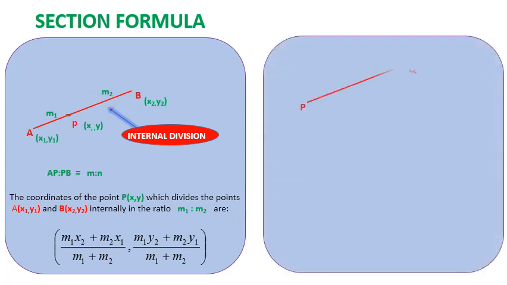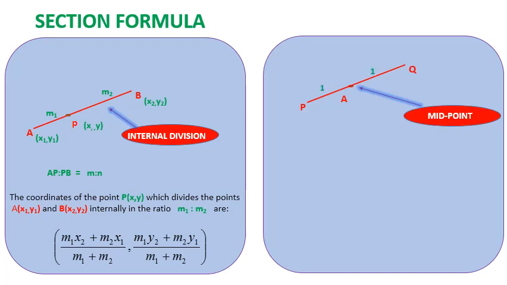Next, consider a line segment PQ. The endpoints are P and Q, and there is a point A which is exactly in the middle of P and Q. Means we can say that A is the midpoint of the line segment PQ.